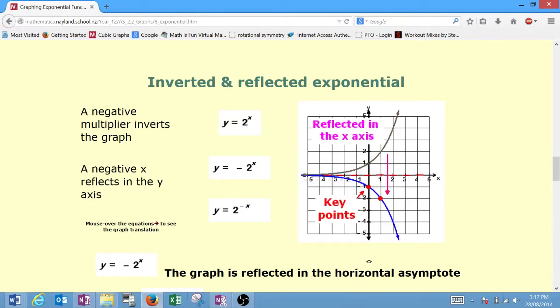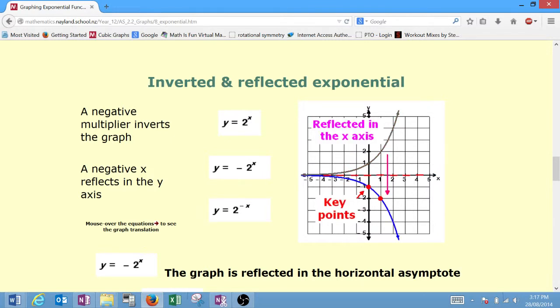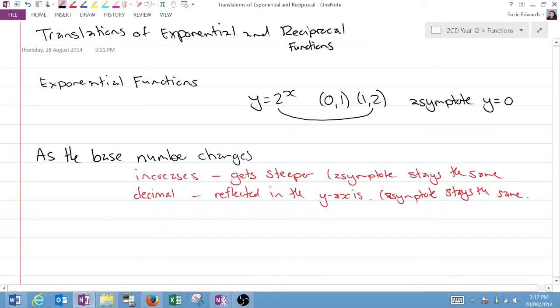If we say 2 to the power of negative x, it's a bit like half to the power of x. Now we don't have to do this, it's not in the syllabus, so I'm going to skip that. We're just looking at if the base number changes, so from positive to negative. If the base number becomes negative, the graph is inverted.